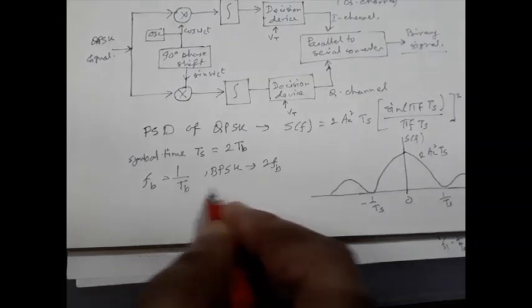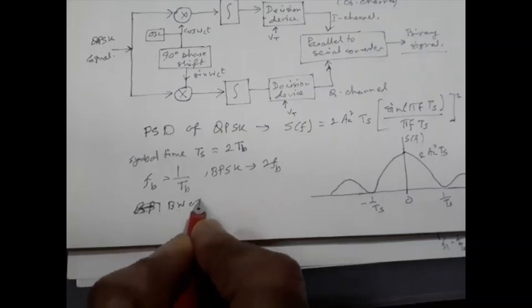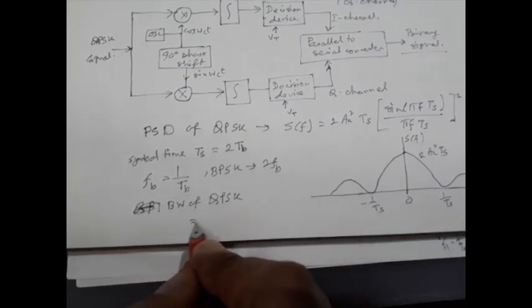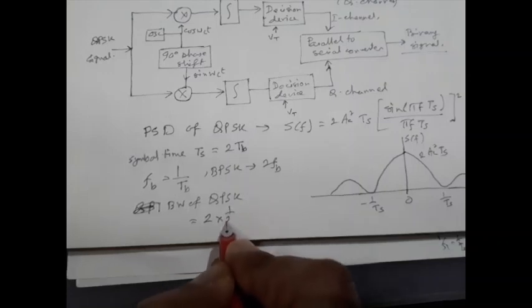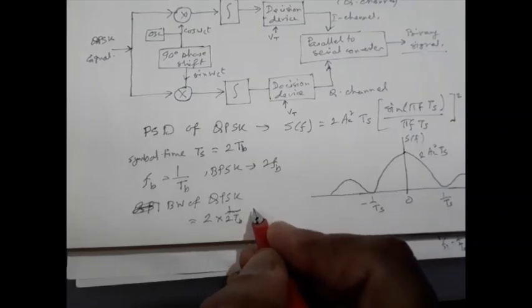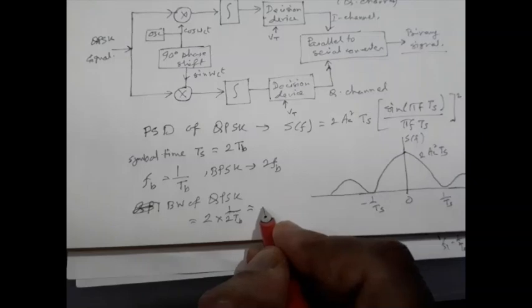So the bandwidth of QPSK will be equal to 2 times 1 by twice TB, that means equal to FB.